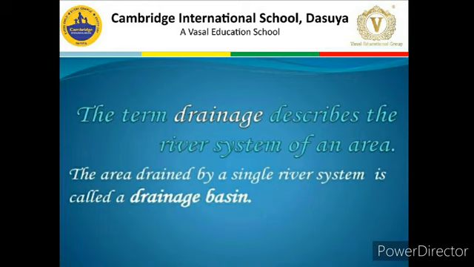Drainage describes the river system of an area, that is, how many rivers are flowing in an area and what are its tributaries, distributaries, pattern of flowing, and everything about rivers. That is why this chapter has been given the name Drainage, since in this chapter you are going to learn only about the river system.